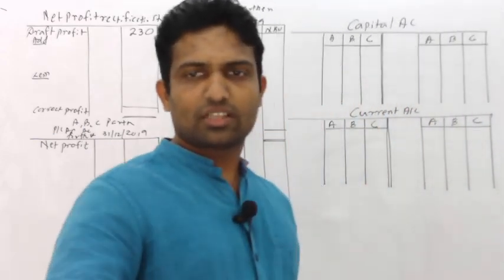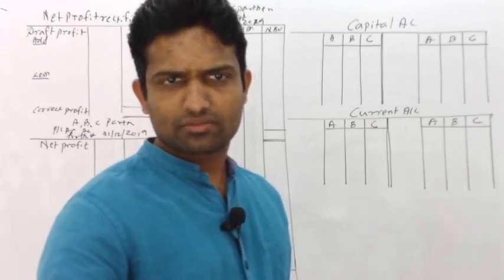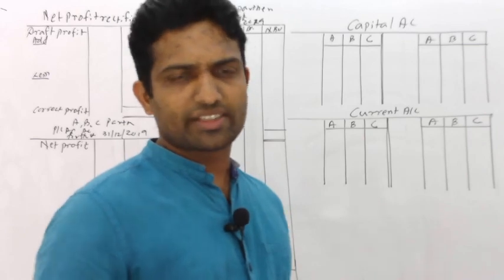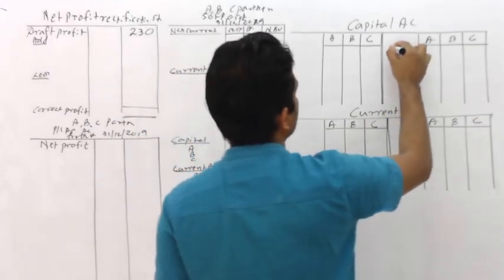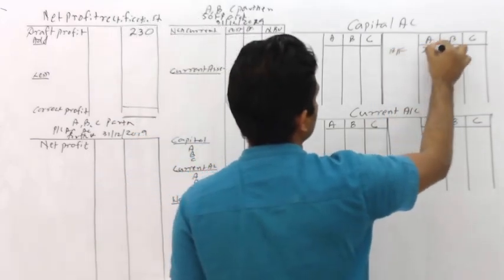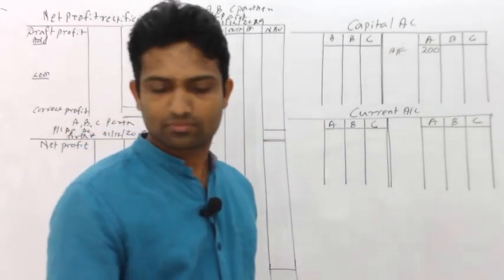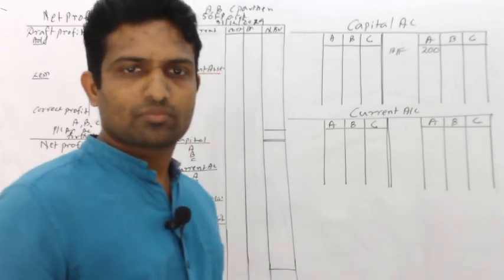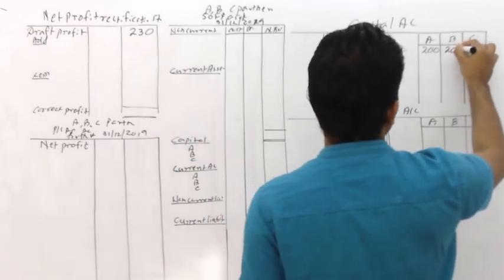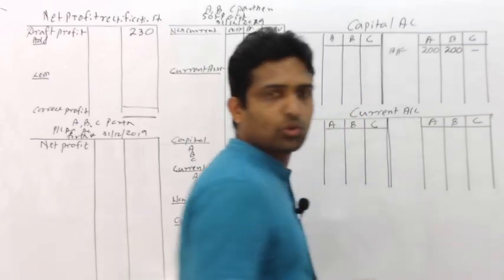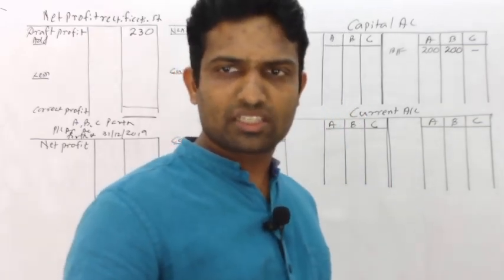Now see the other things, errors, and put the opening balances as well. Capital account opening balance 200 for A. For B it is 200. There is no opening balance for C. But here cash brought by C is 100,000.